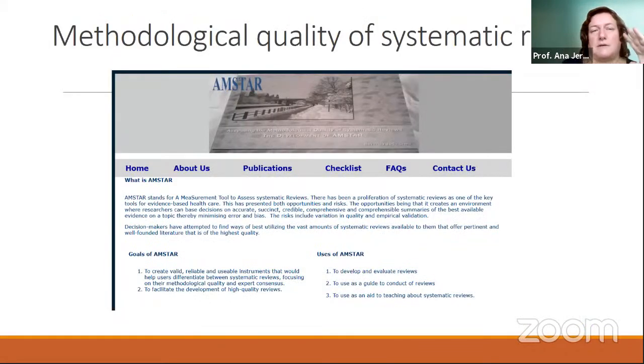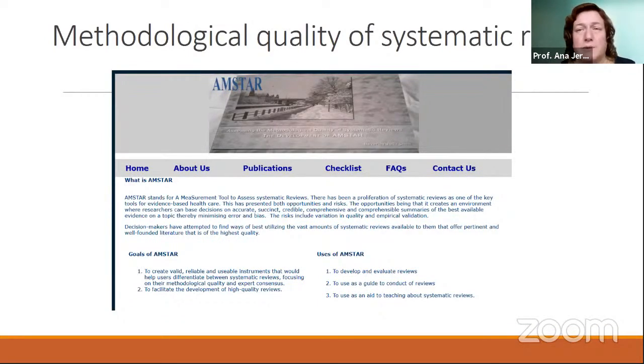We also have another tool called the AMSTAR tool that will assess the methodological quality of systematic reviews. And this is something that is also good for you to check, not only your own systematic review, but also systematic reviews from other groups, because, unfortunately, as people are very much interested in producing systematic reviews, we have many really poorly done systematic reviews.